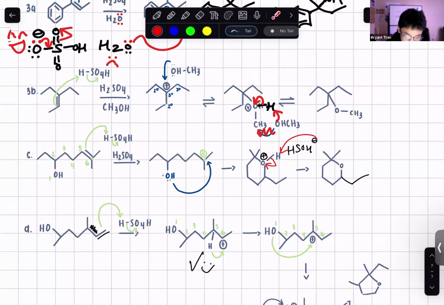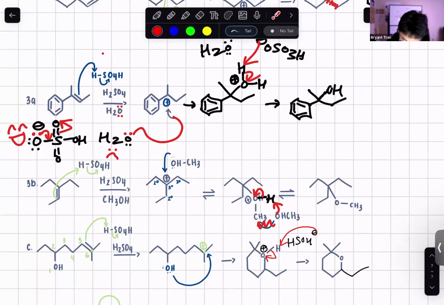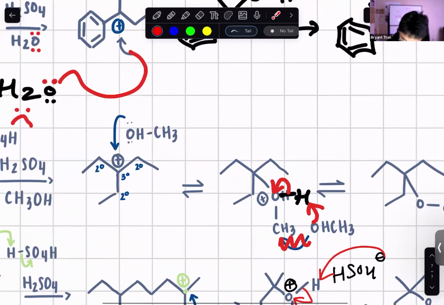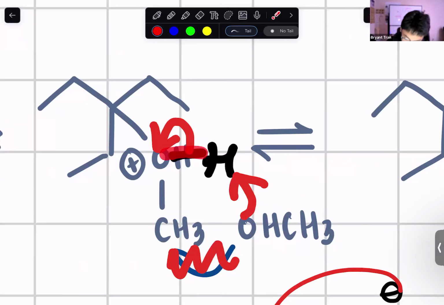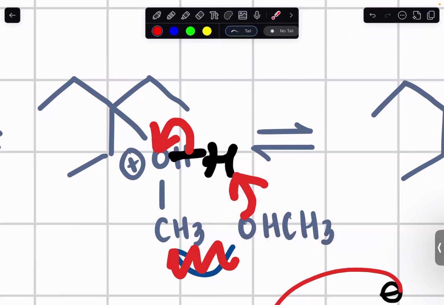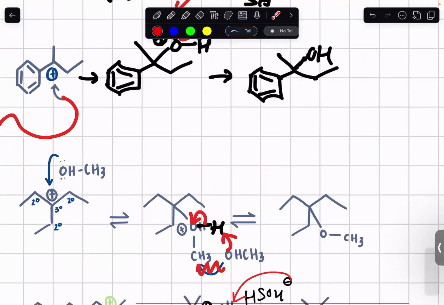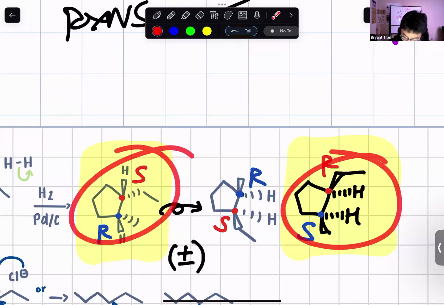It's just a lot of small details with the positive charge, the hydride and methyl shifts, and especially this part right here, deprotonating the positively charged oxygen with the second equivalent of base, HSO4 minus. And also the chiral centers. If it's enantiomers, make sure to draw the right enantiomer.